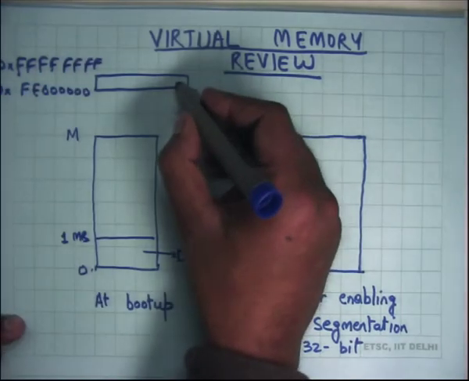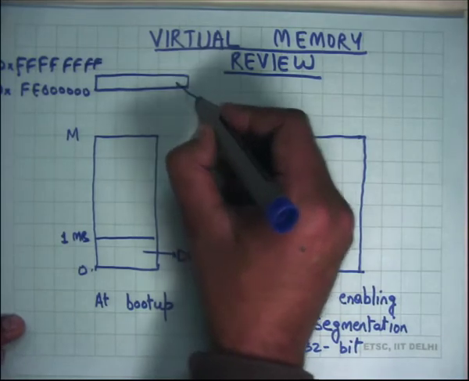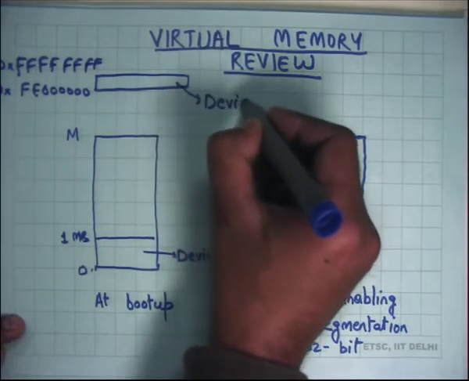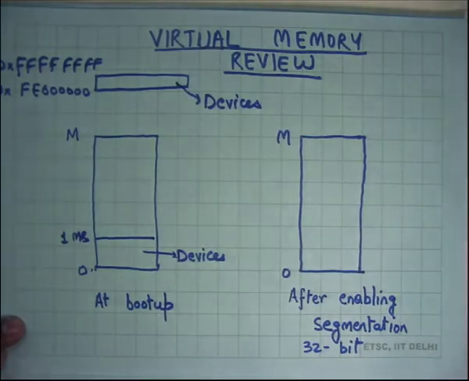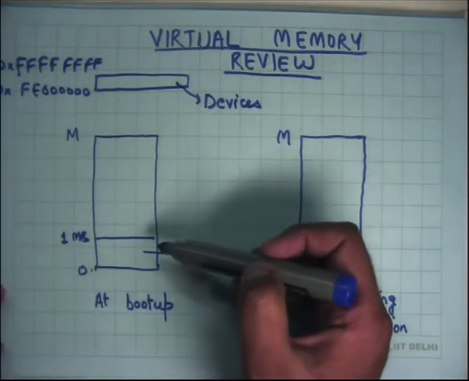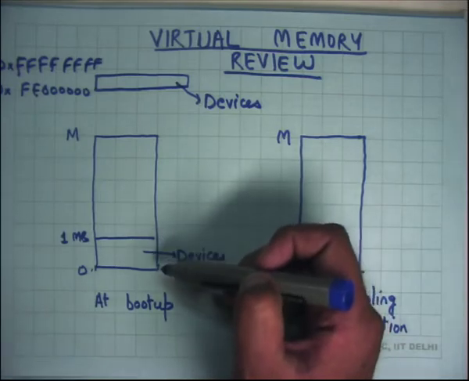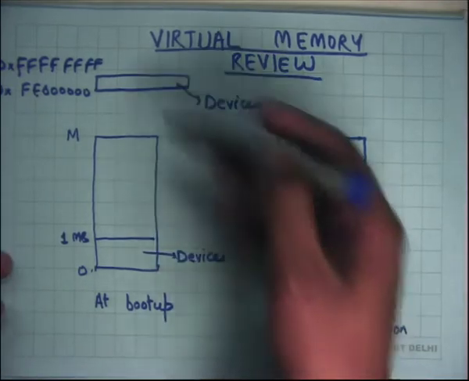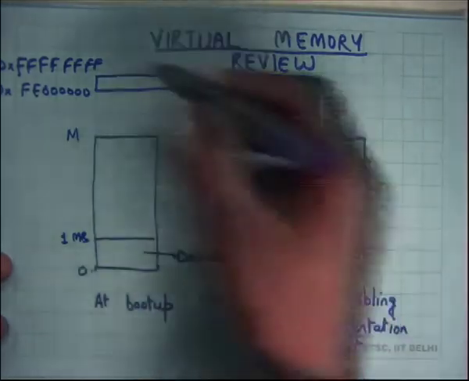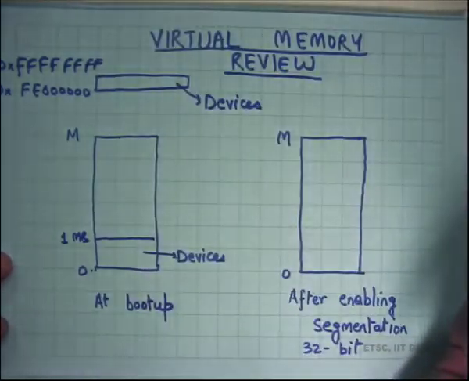This area can also be accessed, however this will also point to devices in the physical address space. So that was the original physical address space. So the amount of physical memory that you can have in your system is not really 2 to the power 32 minus 1, it is 2 to the power 32 minus 1 minus 1 MB minus whatever this is, okay.